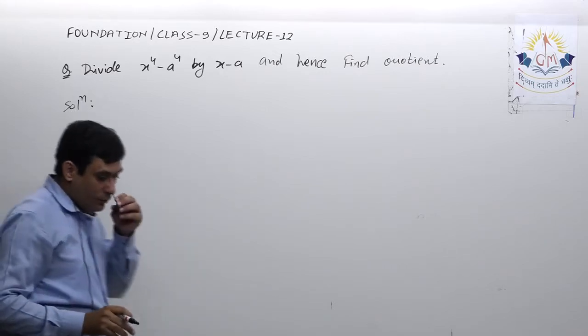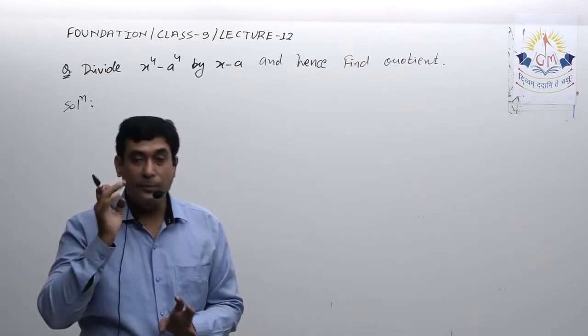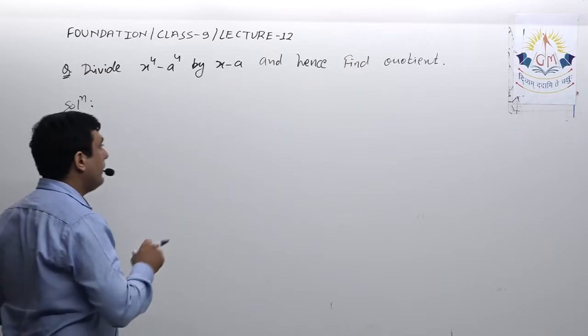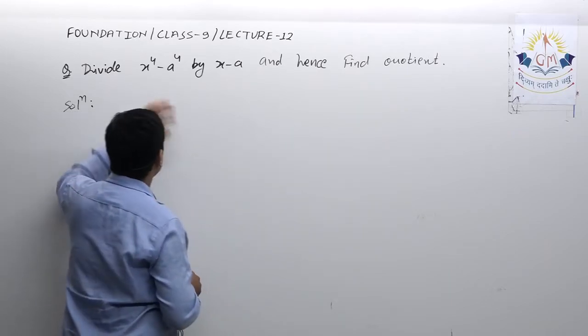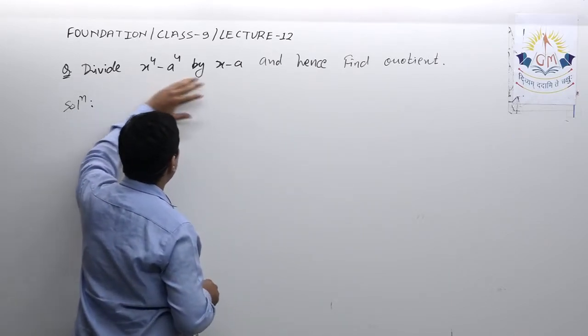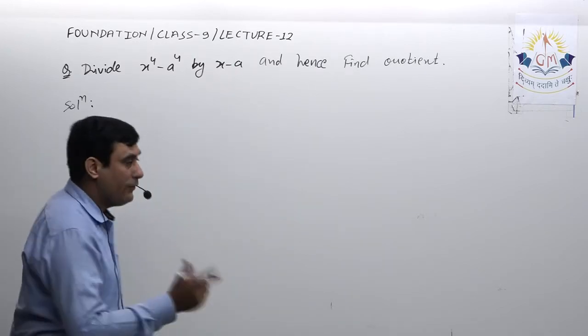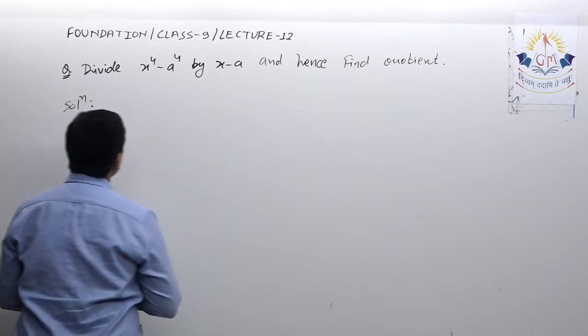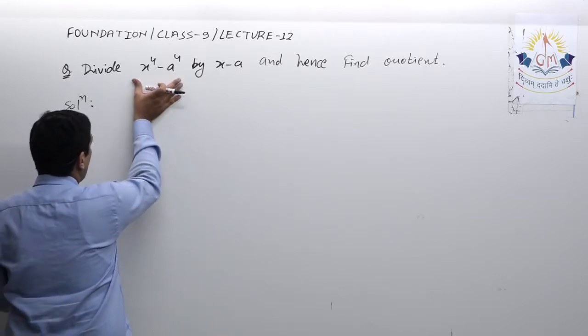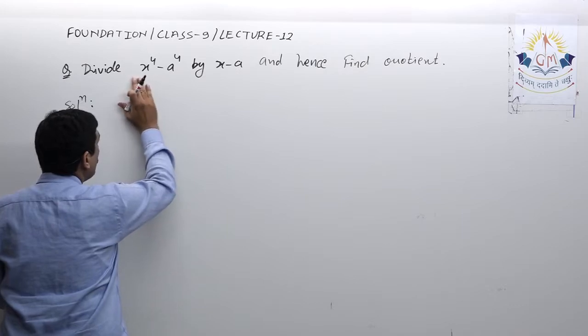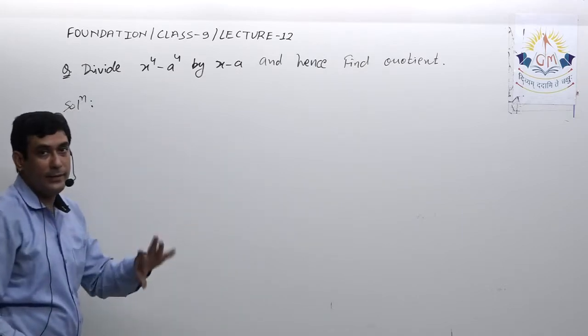If you stick with the very basic rules of long division, that first of all the dividend and the divisor polynomial must be in their standard form, it is very easy to get its solution. So x raised to 4 minus a raised to 4 is not at all in its standard form.